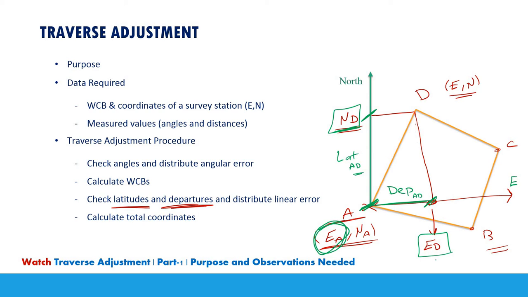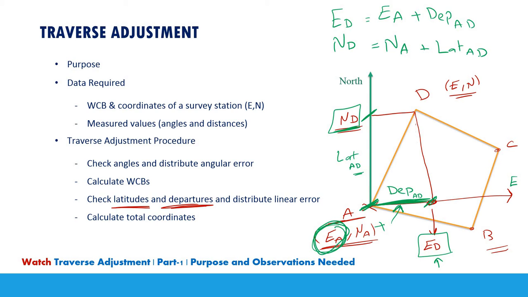So the easting of D would be very simple: the easting of A, which is known, plus the departure between A and D. Today you will learn how to calculate this departure so that you can get the easting of D. And the northing of D, very similar, would be the northing of A, which is known, plus the latitude value between A and D. So this is a summary of how we are going to calculate the final easting and northing for these stations.